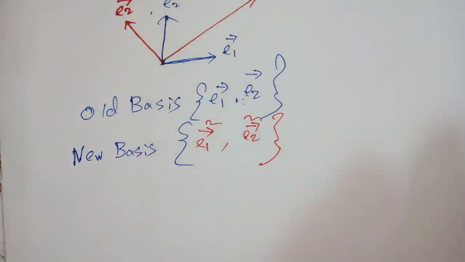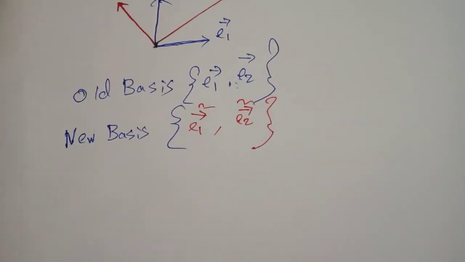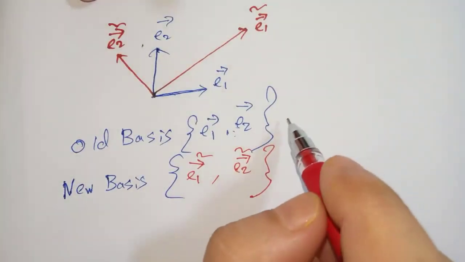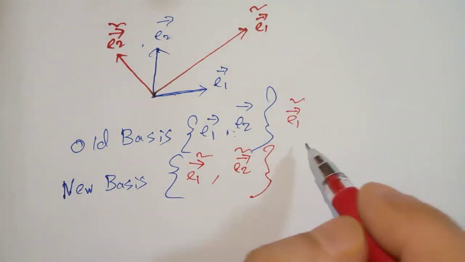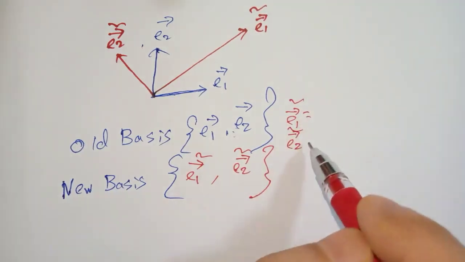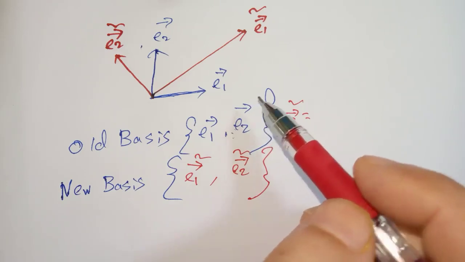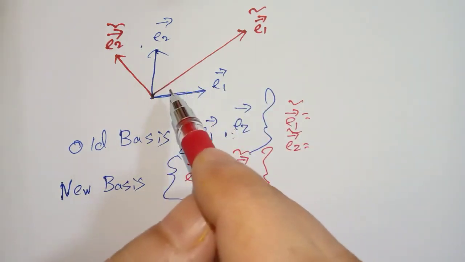Okay, so look into the graph. What we are trying to get is E1 tilde, and also E2 tilde. I write here because it will become easier for you. In order to get E1 tilde, how much of the old basis E1 and E2 do we need?